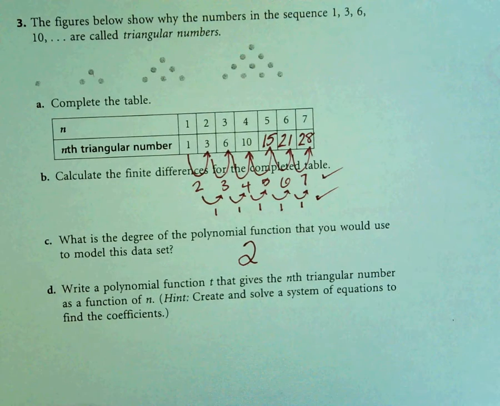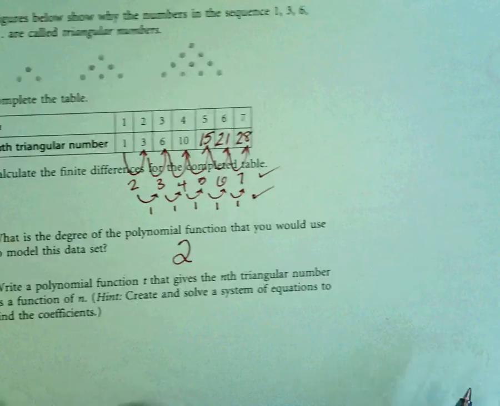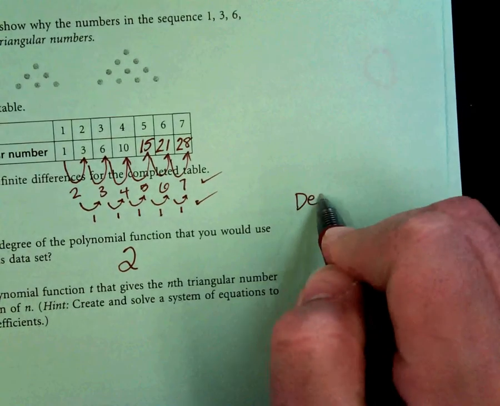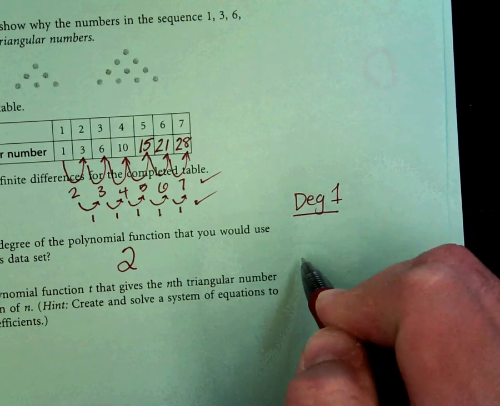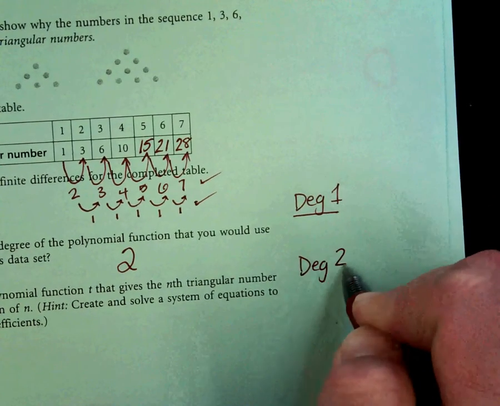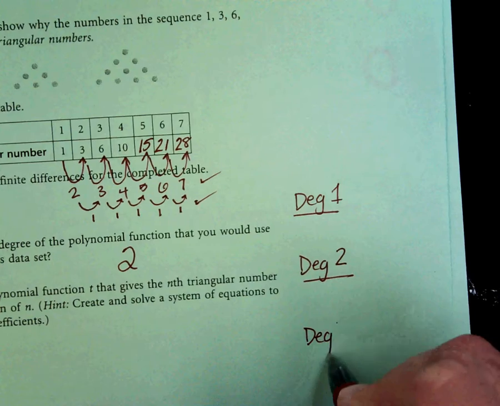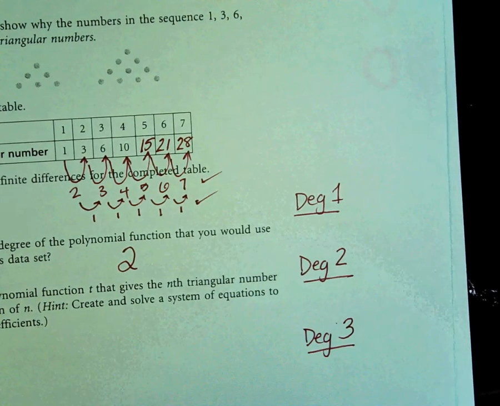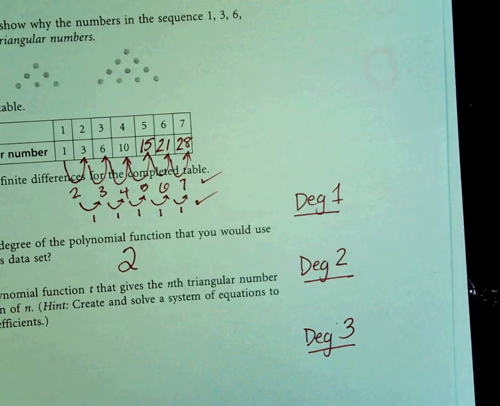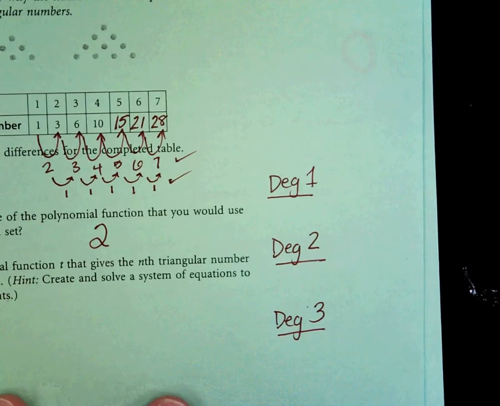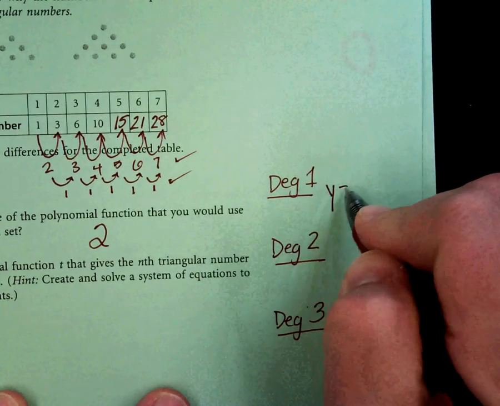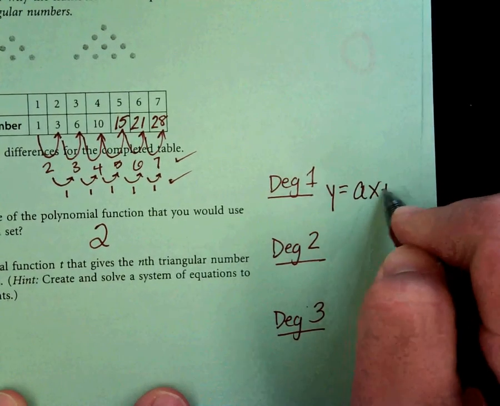Once you know that the degree is 2, you can get the equation like this. Here's the general form of degree 1, degree 2, and degree 3. This may come in handy for future problems that we do. If you have an equation of degree 1, the general form would be y equals ax plus b.